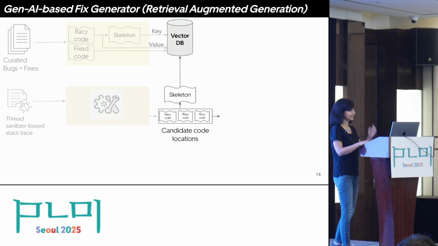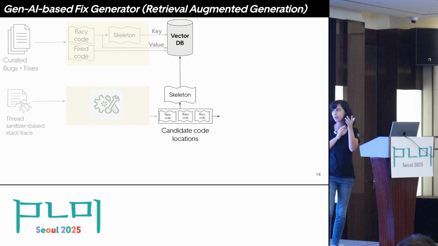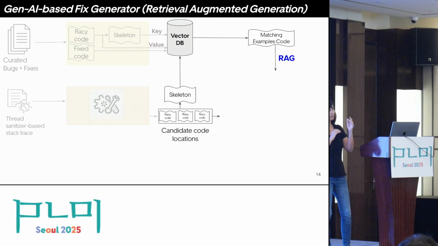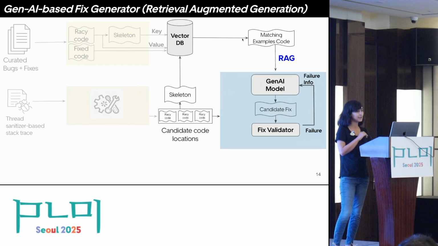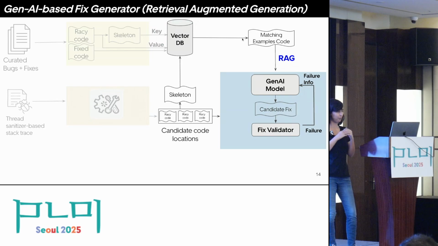Given these candidate code locations, it generates the concurrency skeleton for them and compares them with all of those concurrency skeletons that we already generated in our offline step for all those past bug fixes, to find the best matching example for that particular new bug. And this is provided along with those candidate code locations to the GenAI model to generate these fix patches.